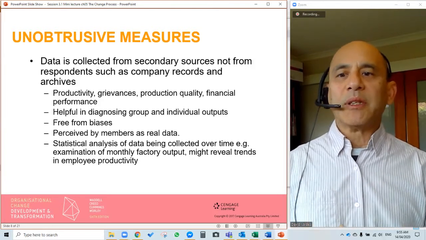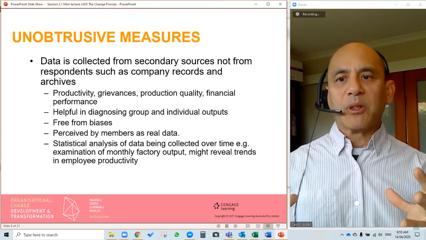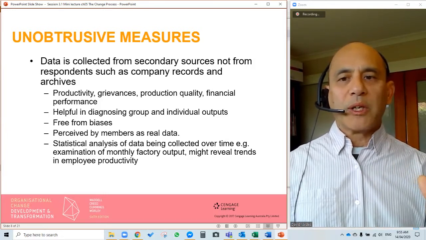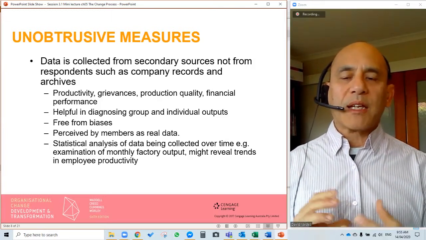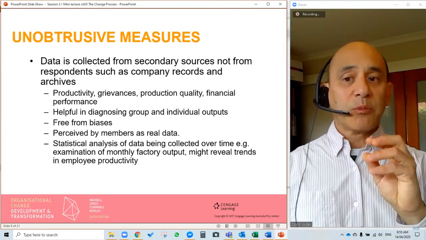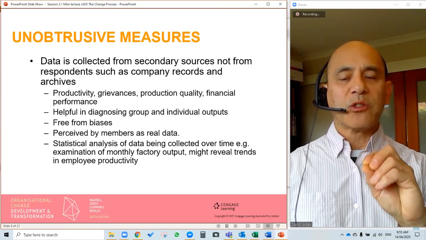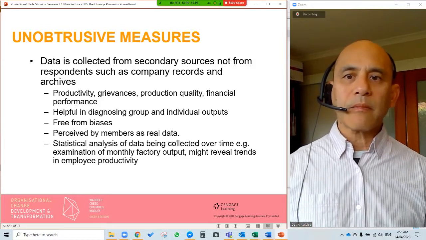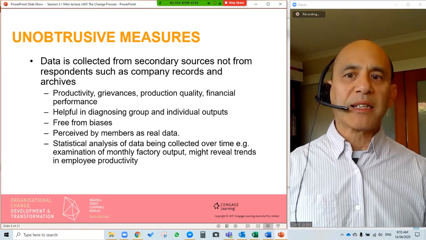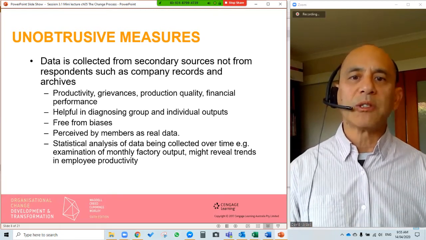But it can happen that even if you've got so many people, the productivity is not going up, which means the output is not going up. If that's the case, then we know that's a symptom, and we need to look at the further reasons why this productivity is not going up. Another example of data are records of grievances or complaints from employees.